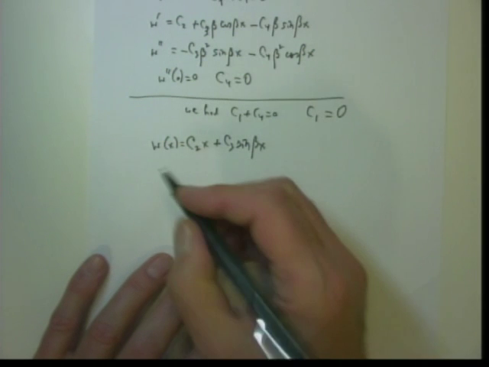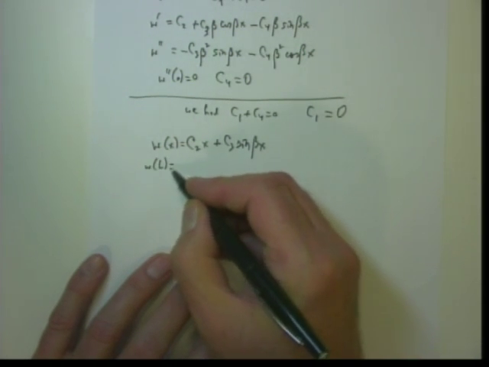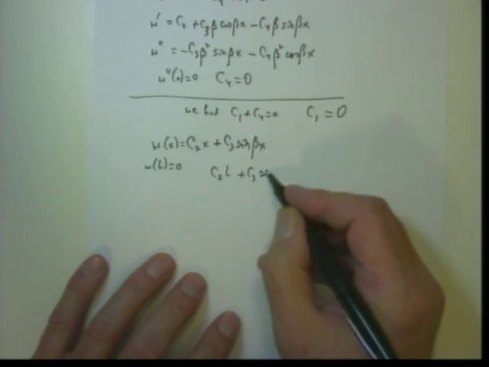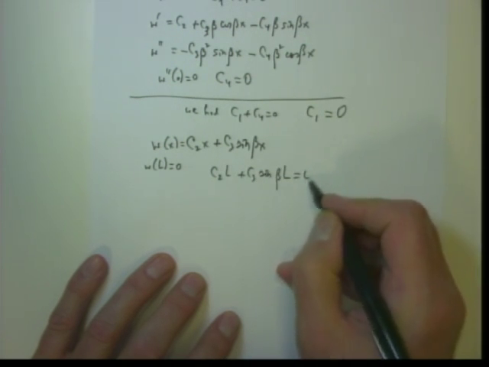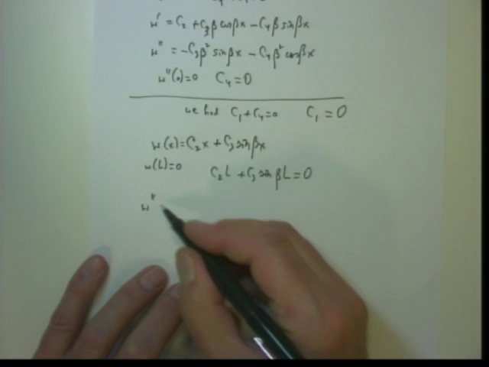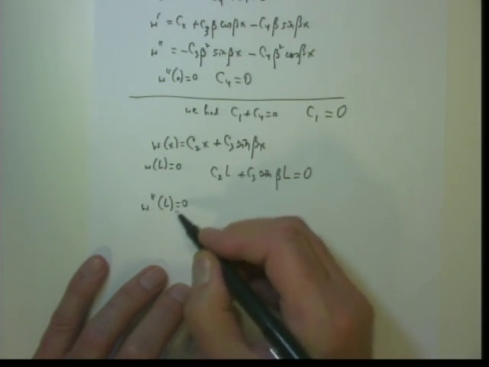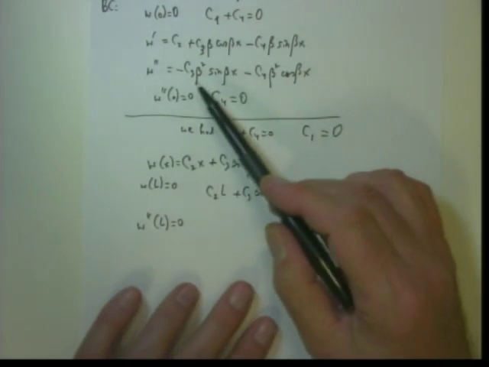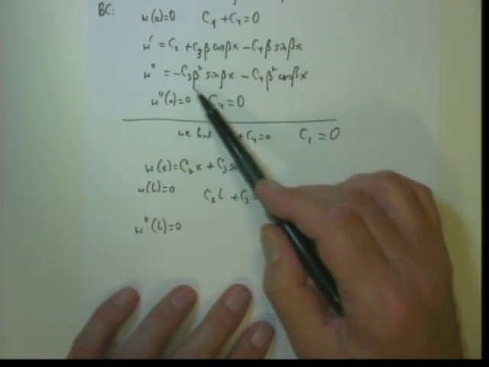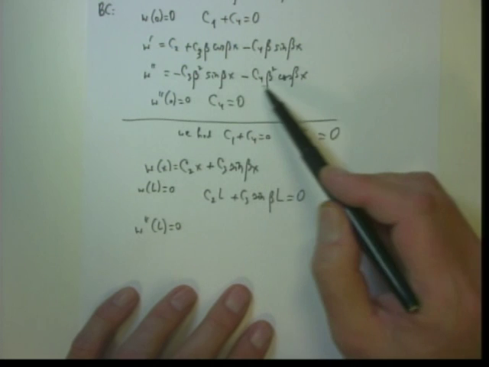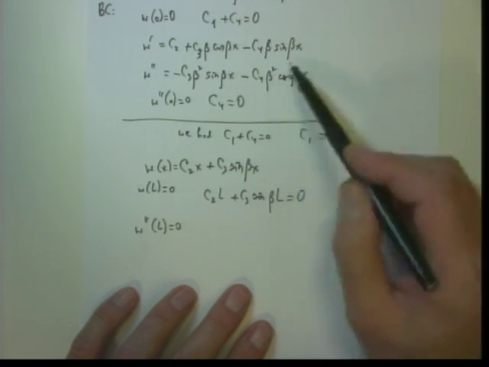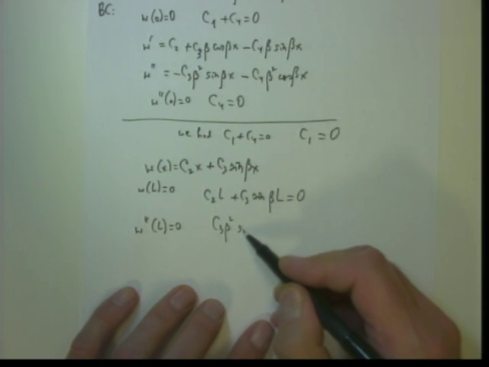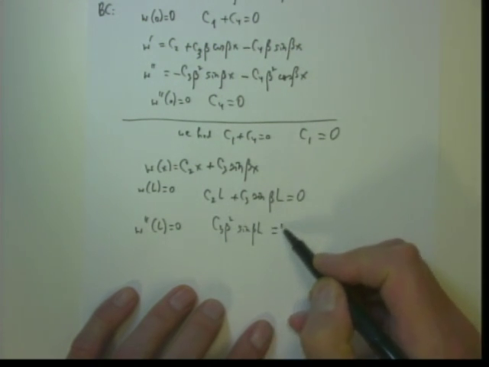Now W at L equals 0, so C2L plus C3 sine beta L must equal 0. And the second derivative at L must equal 0. The second derivative at L means this one, where C4 is 0. So that is C3 beta squared sine beta L equals 0.